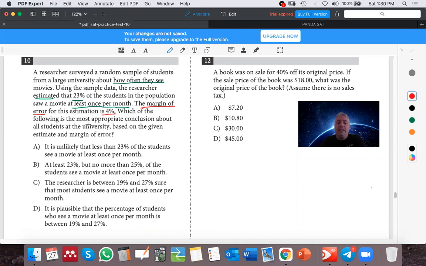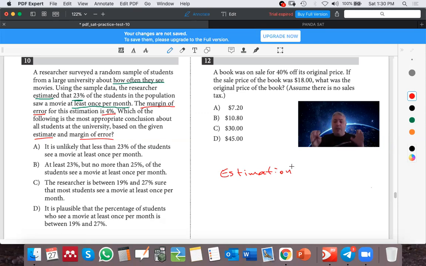Which of the following is the most appropriate conclusion about all students in the university based on the given estimate and margin of error? What does margin of error mean? You have one estimation. What does estimation mean? Estimation is predicting the future based on statistical data that you have in your hand.